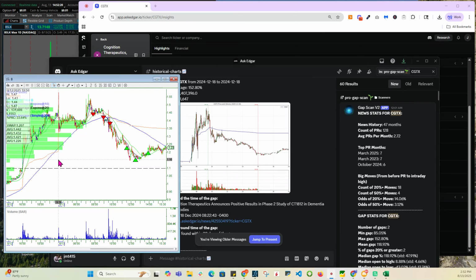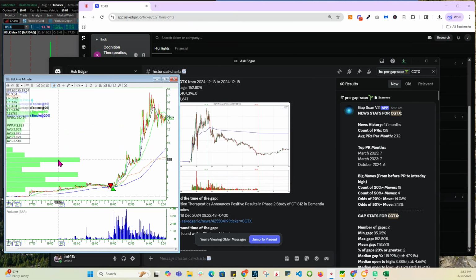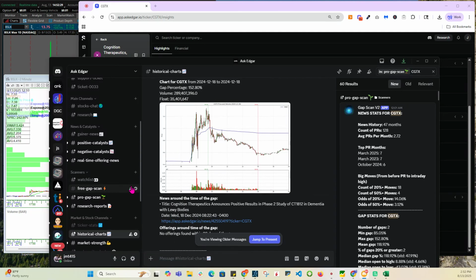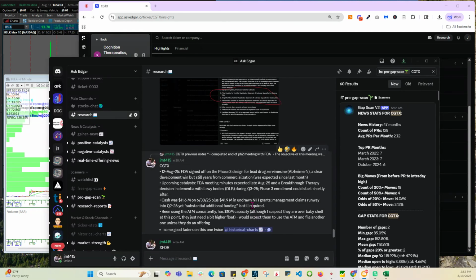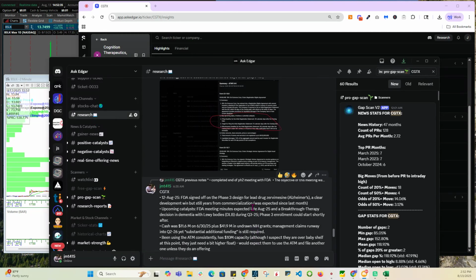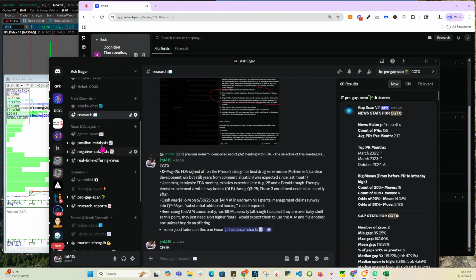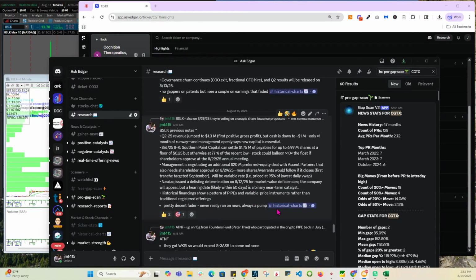Now moving on to one that didn't work out so well, this BSLK. It made a pretty wild move. With this one, it actually had an even better fade history than the other ones. Right here, it's pretty decent. It never really ran on news, always just a pump.